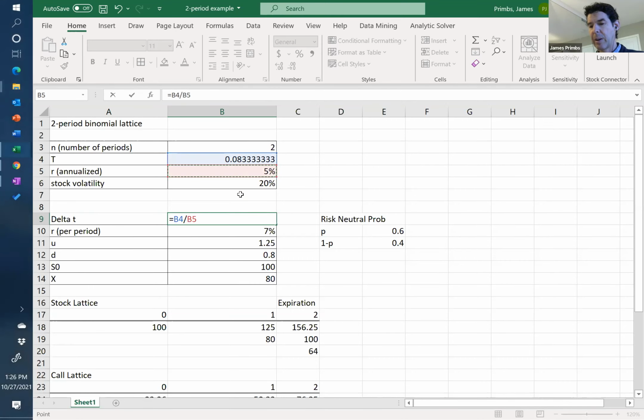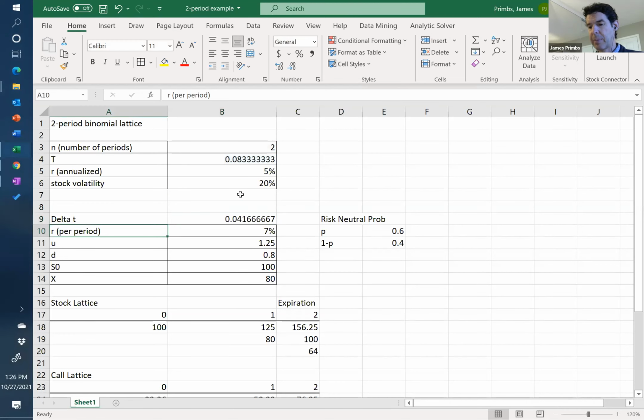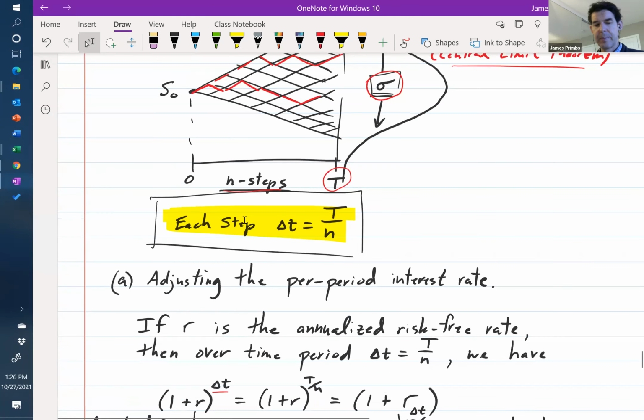We divide that by 2 because we want a 2-period lattice. So this is my delta t, my time per each step. That was the first one.